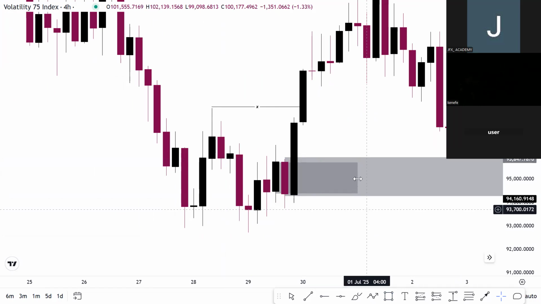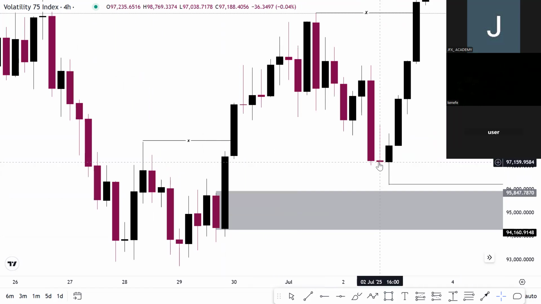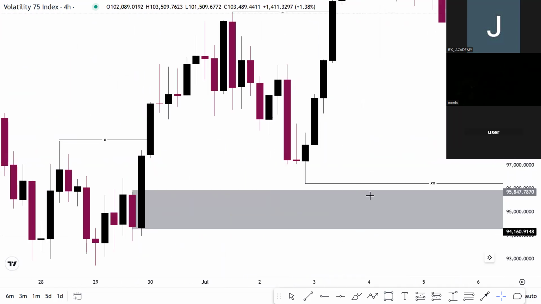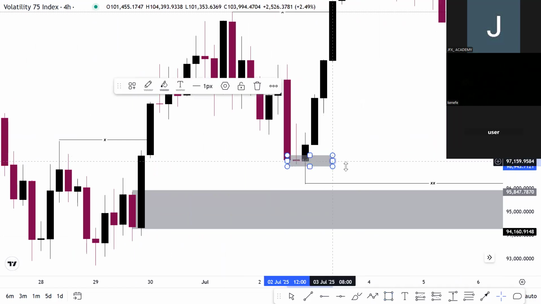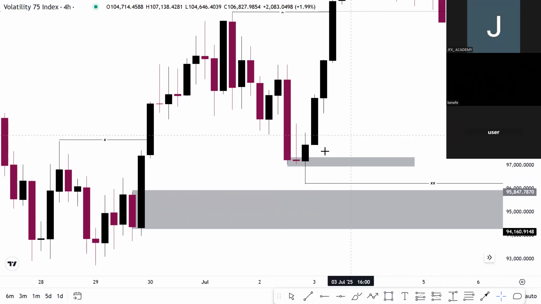Are you getting it? If I'm to spot this particular guy as my order block, I'm only going to spot the body candlestick for the market to come and pick it, because this wick is just useless.